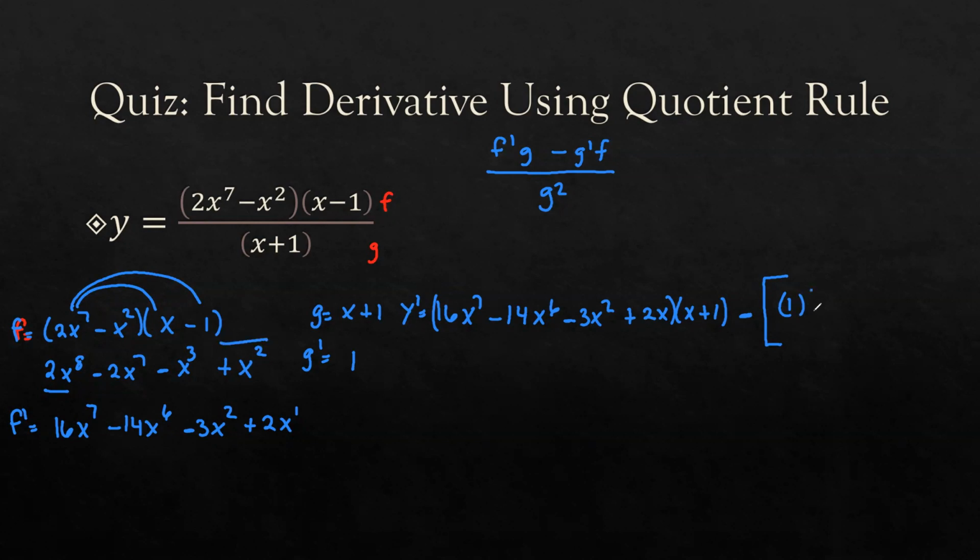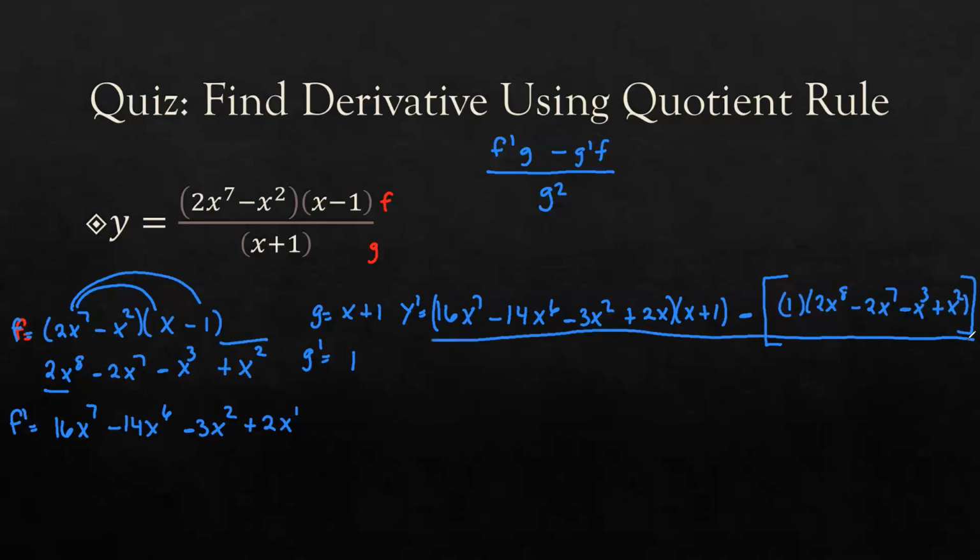So it's just going to be 2x^8 minus 2x^7 minus x cubed plus x squared, right? And then it's all over g squared. So g is x plus 1, and then square that.